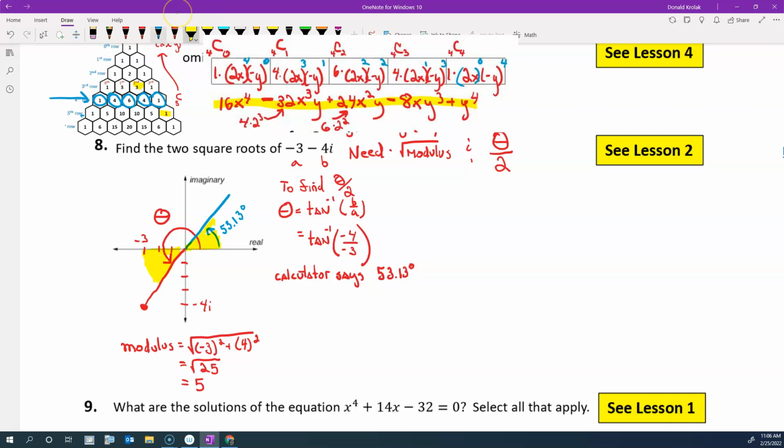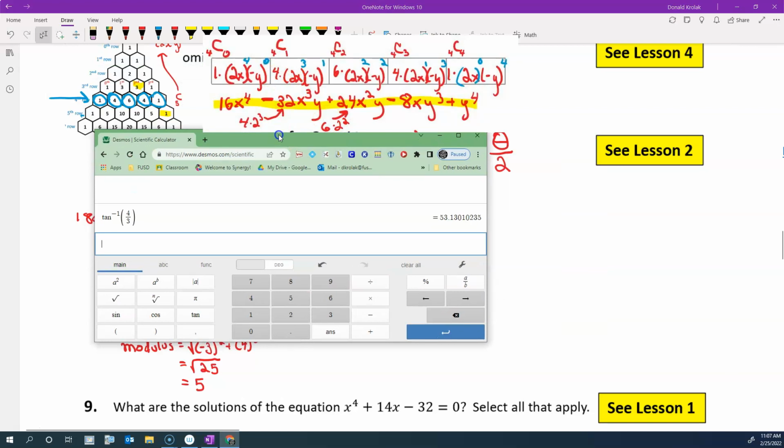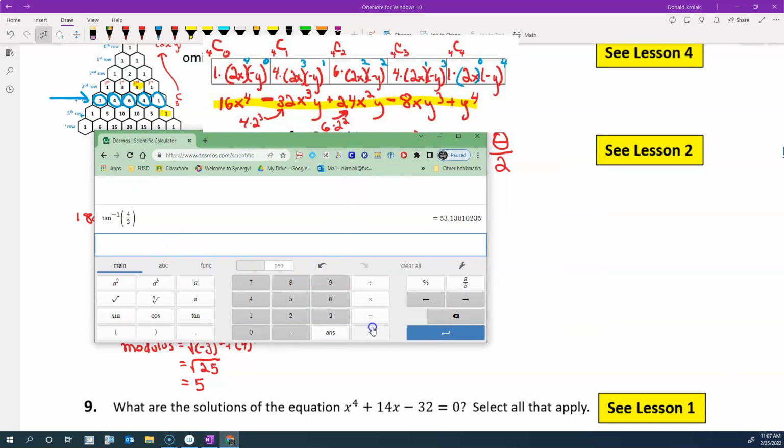So to get theta, I'm going to take 180 and add 53. You have to graph these so you understand where the angle is. So now I add those two up, 180 plus 53.